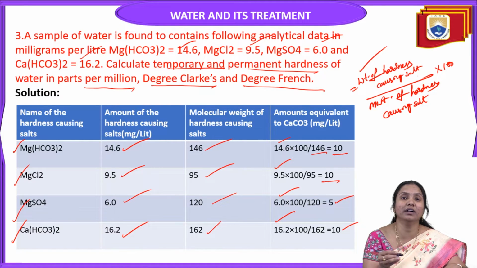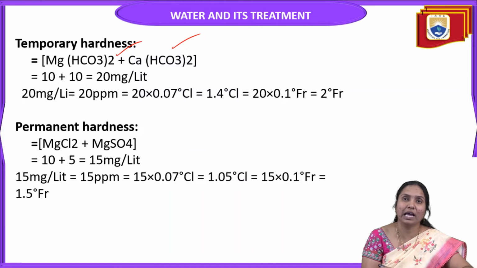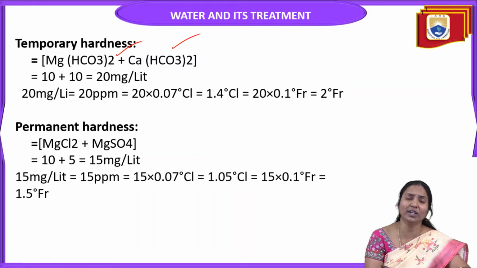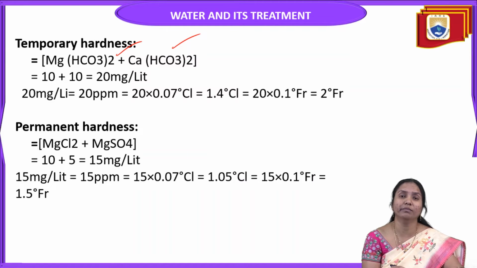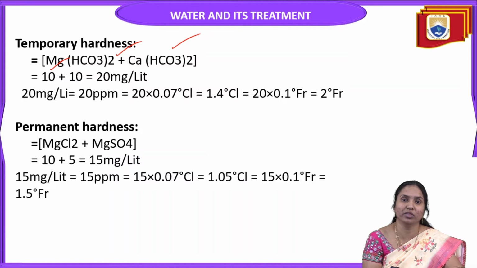Next, you can identify the temporary hardness causing salts. So what are the salts present in that water? Magnesium bicarbonate and calcium bicarbonate. Here the magnesium bicarbonate value is 10 after conversion into equivalent of CaCO3.